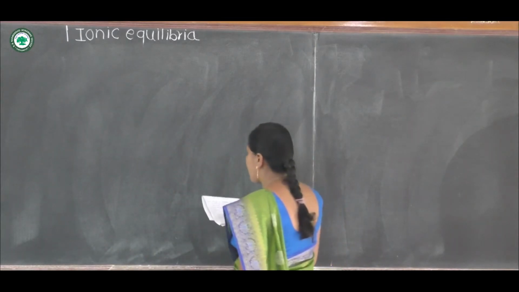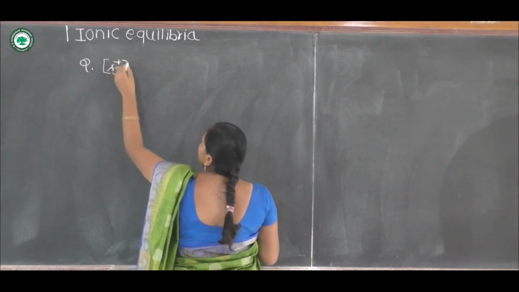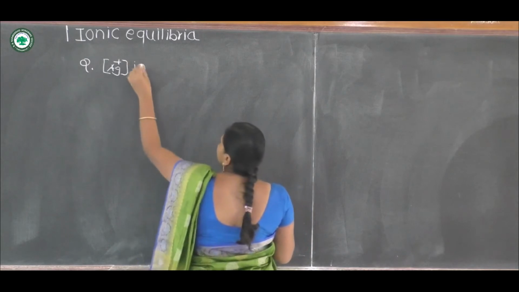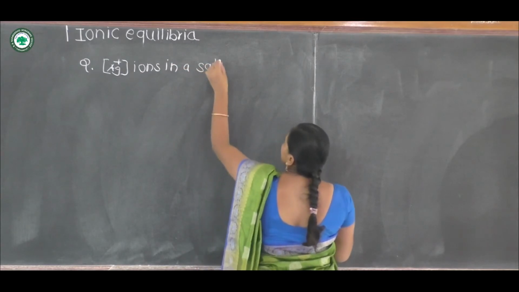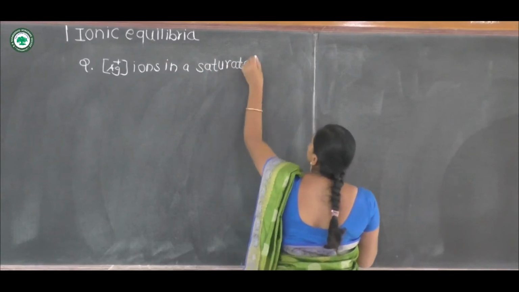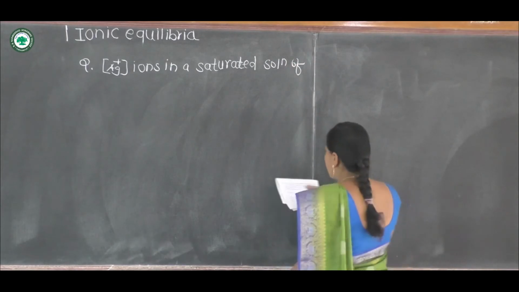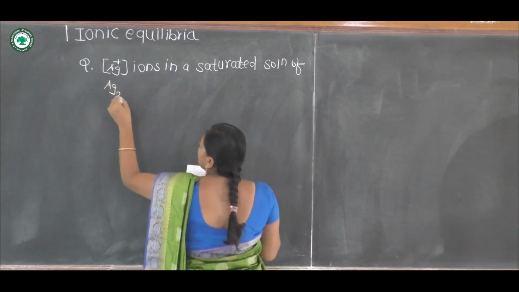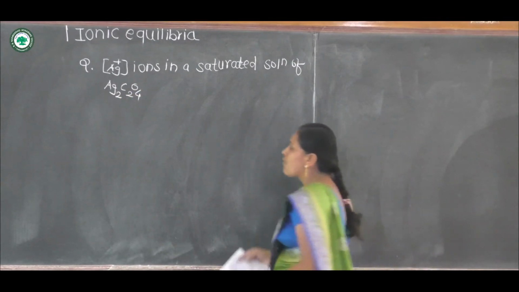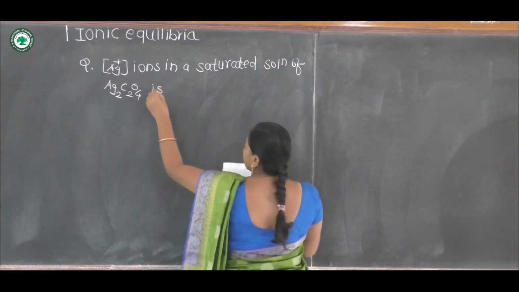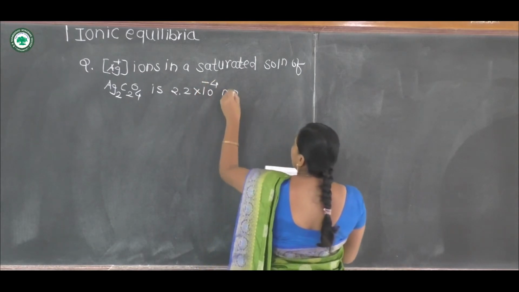The question is: concentration of Ag plus ions in a saturated solution of Ag2C2O4, silver oxalate, is 2.2 into 10 raised to minus 4 moles per liter.